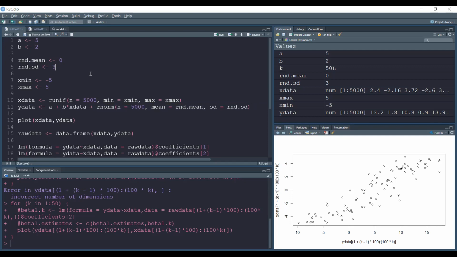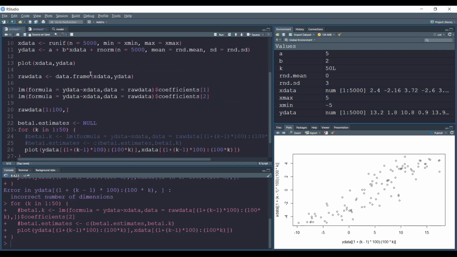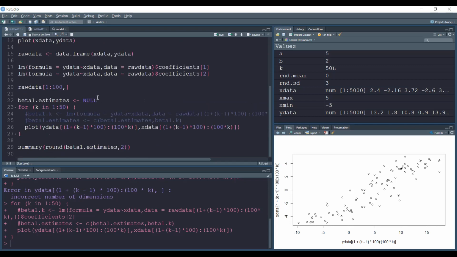Now, what I've done, which is slightly different, is I've edited the code that we finished off with last time. In this loop, which we use to calculate each beta 1, the slope parameter, the gradient, for our different data sets.